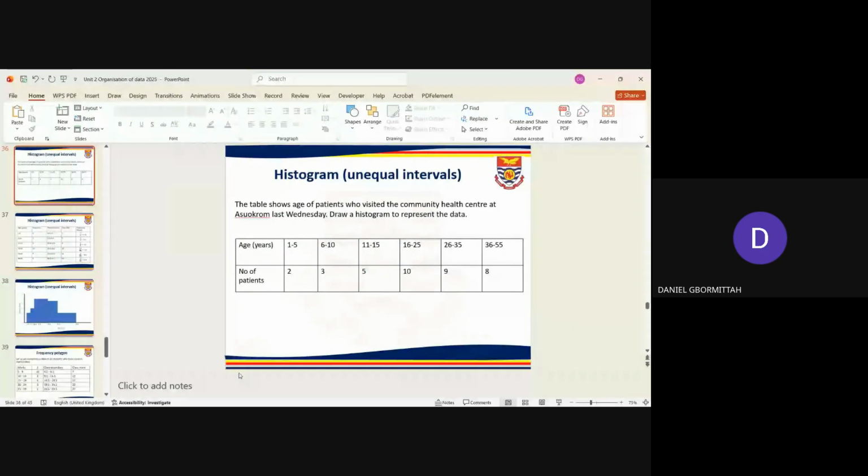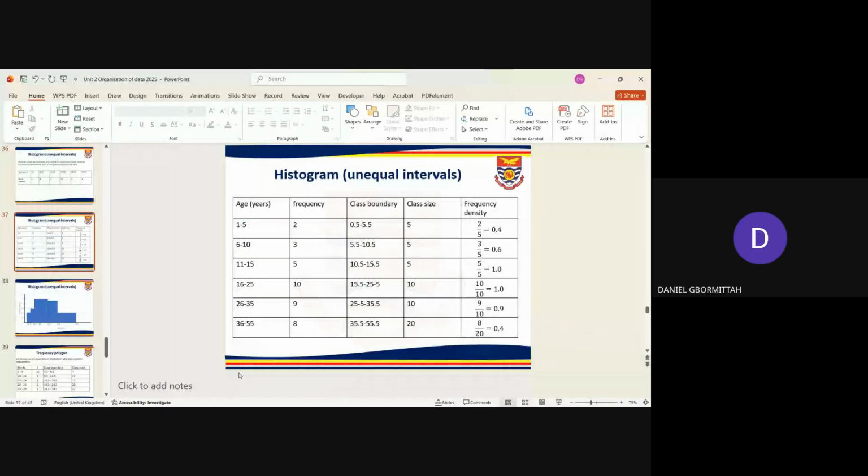With unequal intervals, most of it comes in relative mass. The data should be grouped like what we have here. This is grouped frequency data, so we have the various classes with their corresponding frequencies.